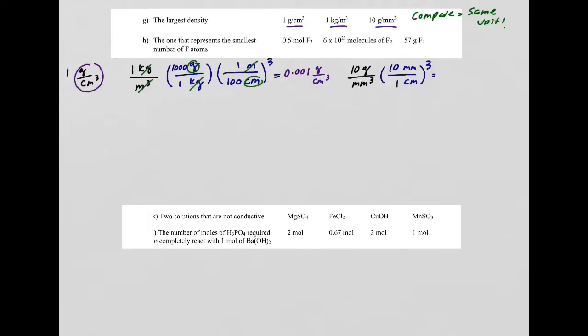Now we're talking. I already had gram, so I didn't have to do anything to the gram. Now the millimeters cubed is going to cancel out, and I end up with centimeter cubed. So if you do that, what you end up getting is 10,000 grams over centimeter cubed. Now that everything is in the same unit, I can compare.